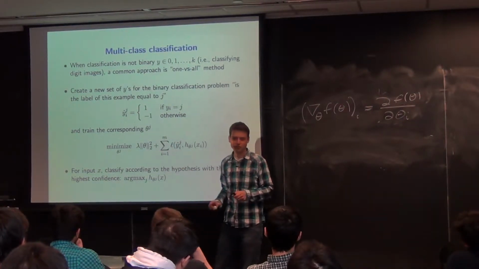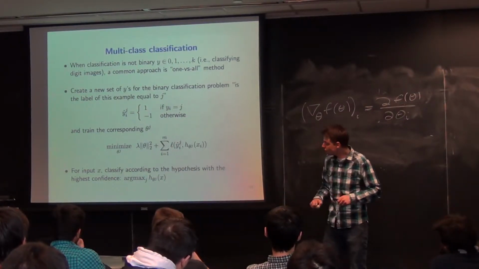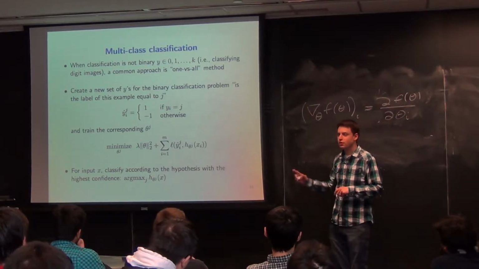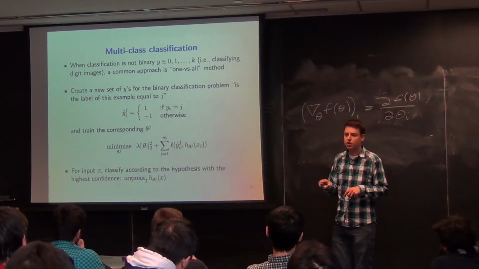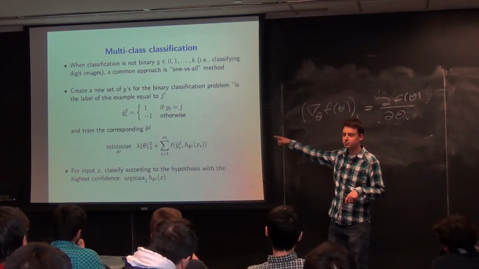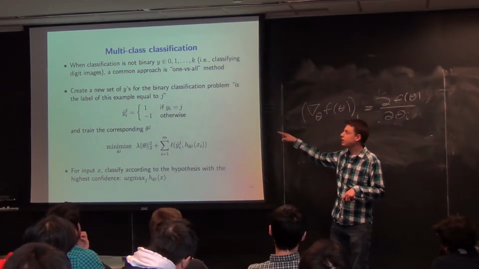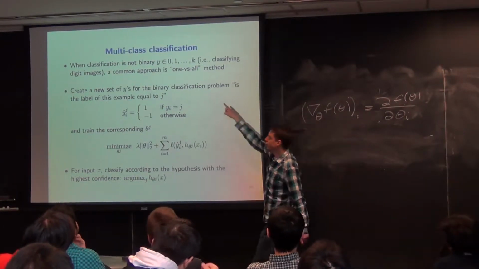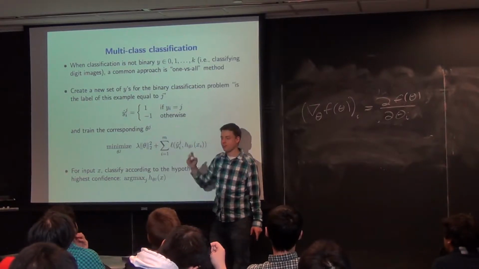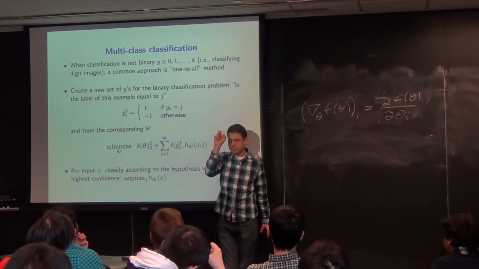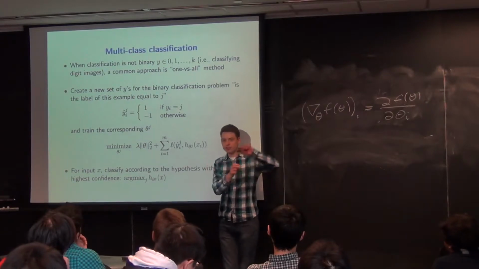It's not a yes or no question. So it turns out that you can actually solve those problems using binary classification. This is a very common approach. It's called sometimes one versus all, because you're building a binary classifier to detect each individual class versus all the rest.